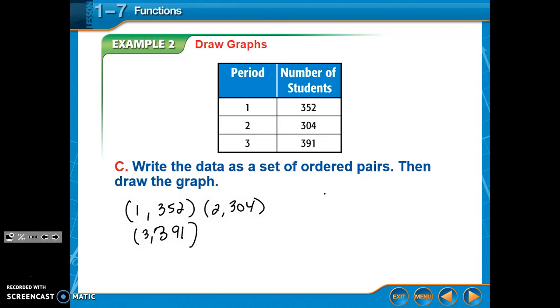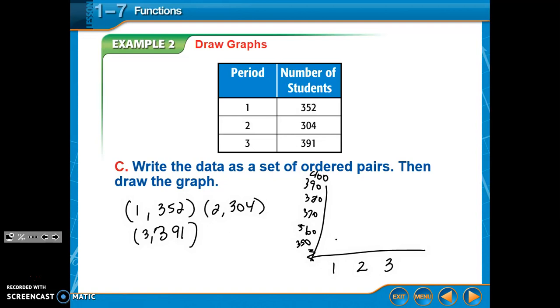Okay, and the way you would do this is you would have 1, 2, 3 on the x-axis because it's our independent variable, our domain, which goes on the x, and then our range is going to go on the y. So I can say this is like 3, we'll do a squiggly line saying there's more there. We'll say 350, 360, 370, 380, 390, and 400. And you would plot the points.